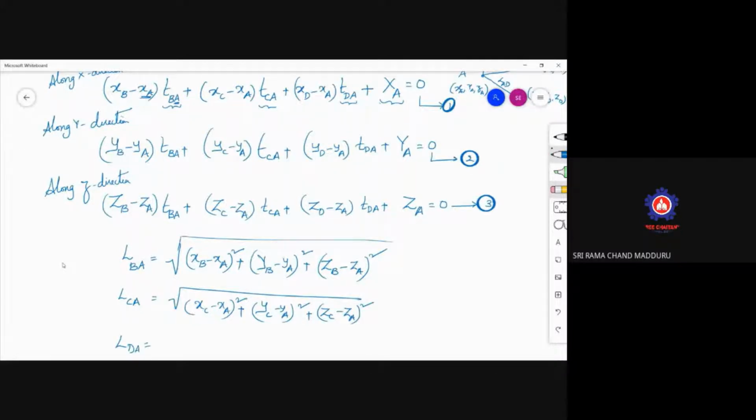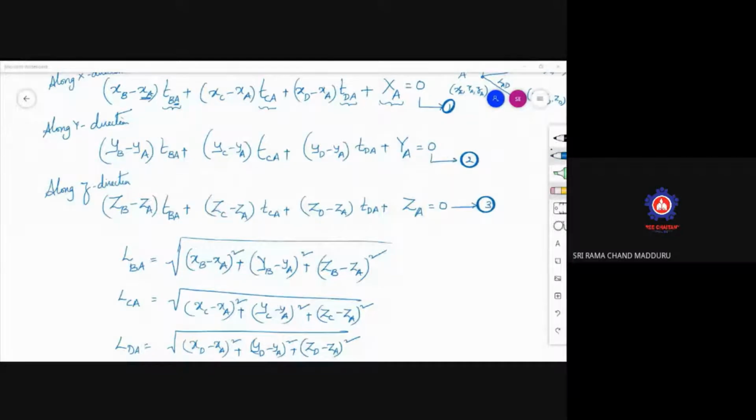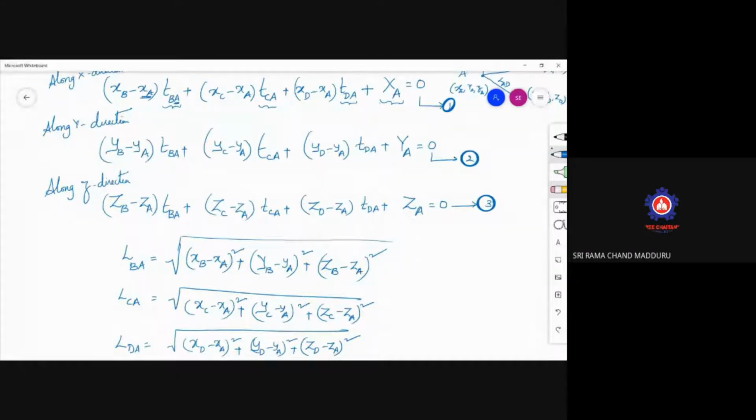LDA is nothing but the length of the member along space direction, XD minus XA whole square plus YD minus YA whole square plus ZD minus ZA whole square. You will get the length of the members LBA, LCA as well as LDA.